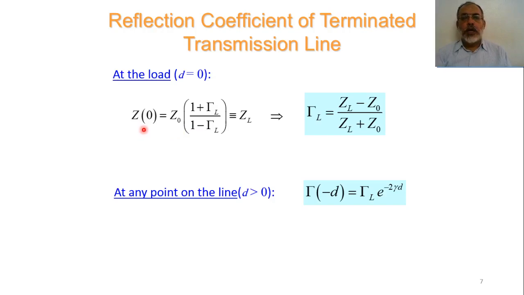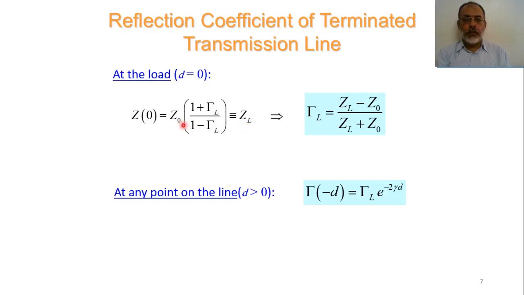Okay, if we assume that the distance d equals 0, so effectively the input impedance at z equals 0 is the load, because we didn't move from the load itself. So z at distance d equals 0 would be z load. And by applying e to the power gamma d, where d is 0, it would be unity. So z naught multiplied by 1 plus gamma load over 1 minus gamma load would be the value of z load.